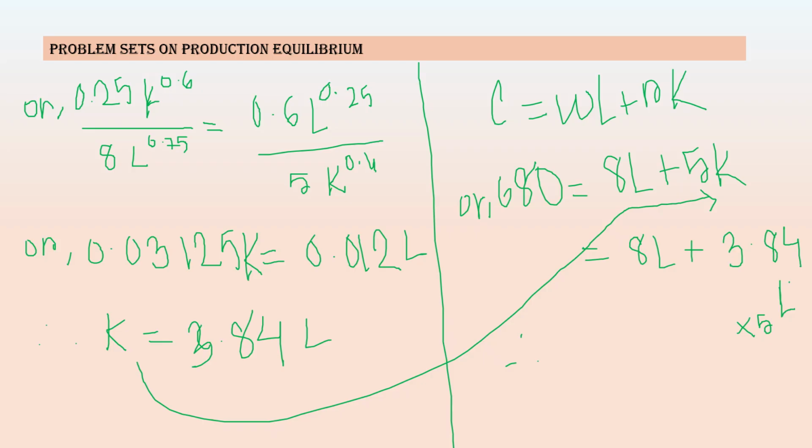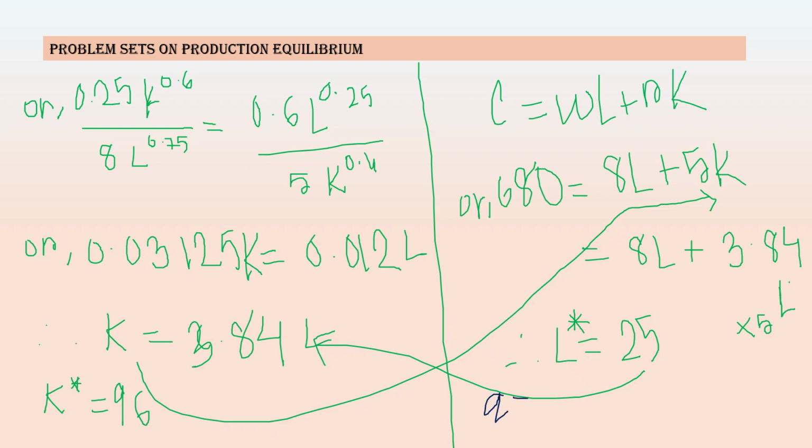Now if we solve this equation, we'll find the value of L, and this is basically L star, which is 25. And if we input this value right here, we get K star equals 96. So now we have both L star and K star, and our production function as given in the question was Q equal to L to the power 0.25 and K to the power 0.6, right?